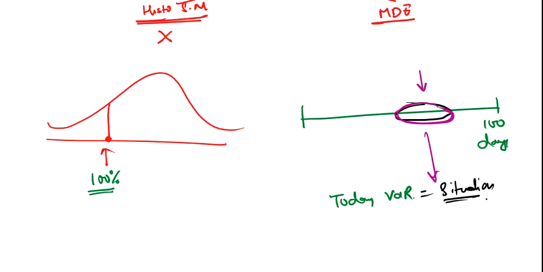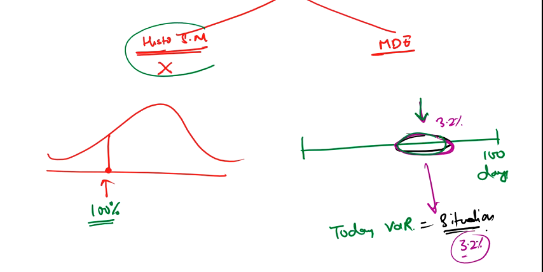And in what sense are they the same? They are the same with respect to the volatility. Here the volatility is close to 3.2%, and today also the volatility is close to 3.2%. So I'll be giving more weight to this area, and based on this I'll be calculating the VAR.